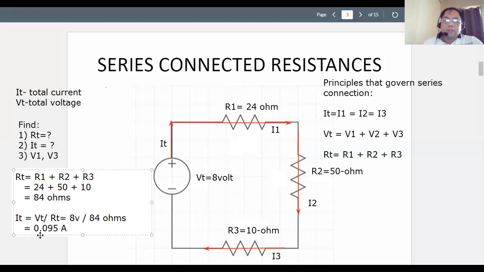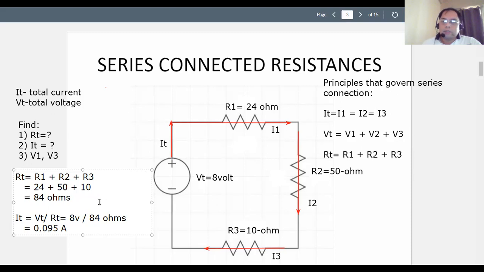We use 3 digits because if we round this off to 2 decimal places, we will end up with 0.10. So let's just use 3 decimal places there. So we have 0.095 amperes. That's a very small value, considering that the resistance in the denominator is quite high. So we have 8 volts divided by 84 ohms.